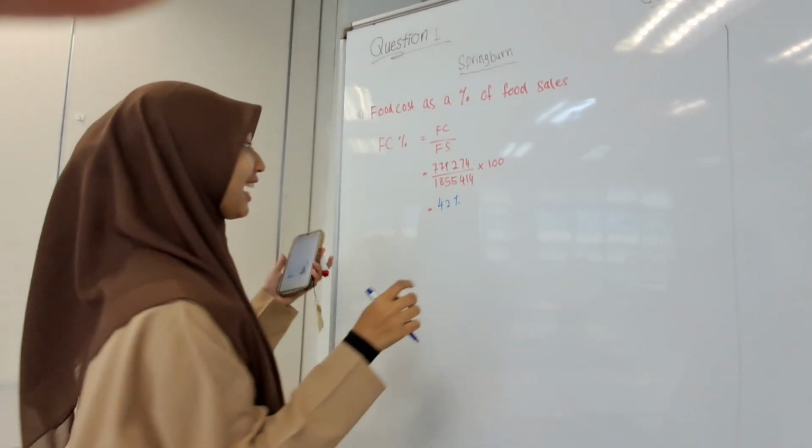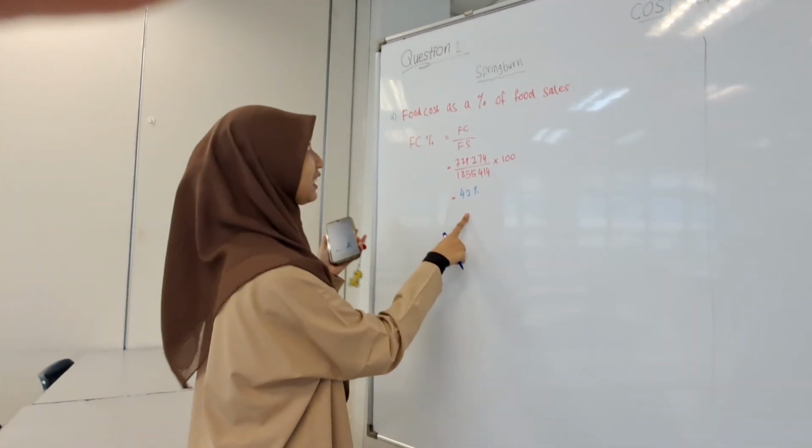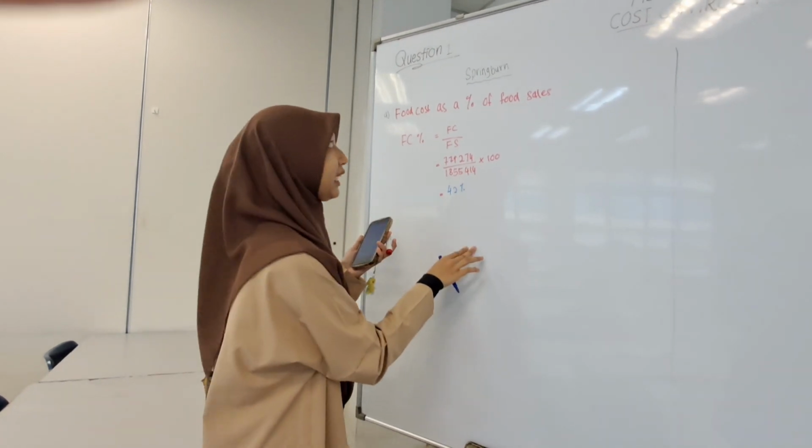So we will get answer 42% for food cost for Springburn.